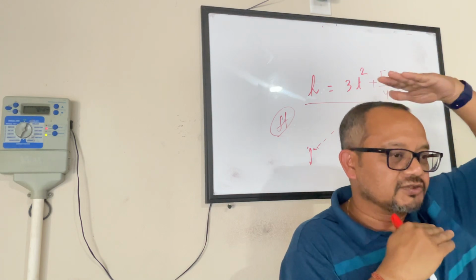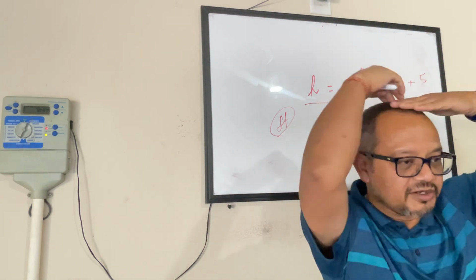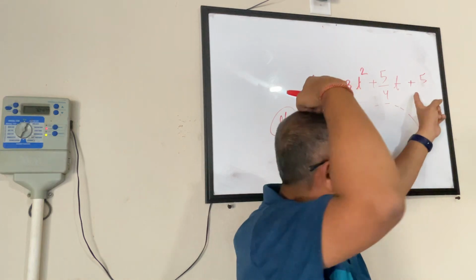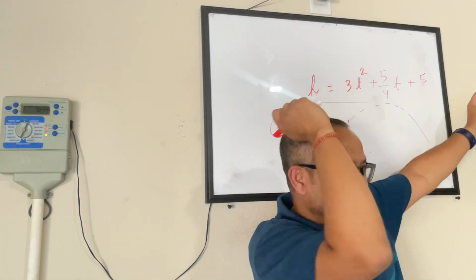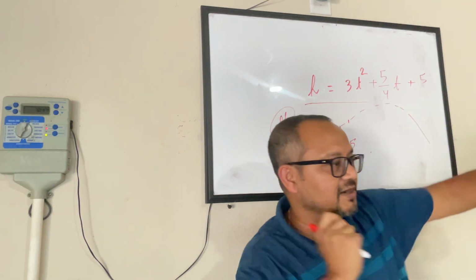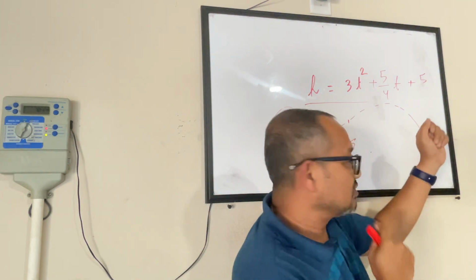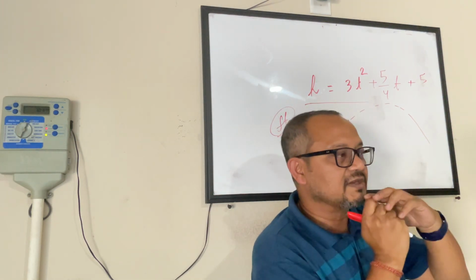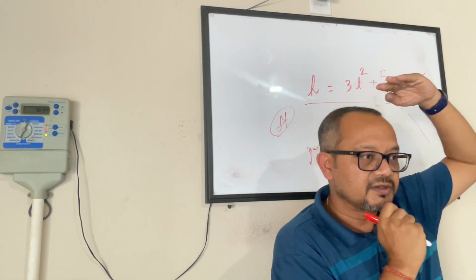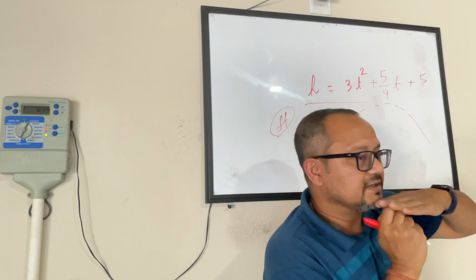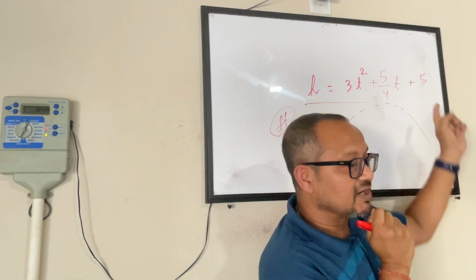So if I keep the stone here, I cannot throw it, right? Or maybe I can throw it like this from here. But I'm saying I'm keeping it here and then I'm trying to throw it. So if I'm keeping the stone 5 inches below the top of my head, below my maximum height, tell me what is my height.